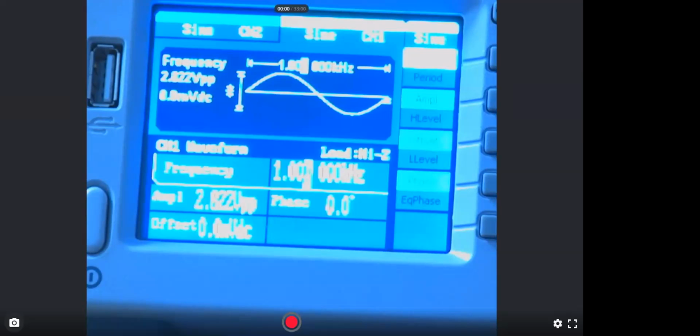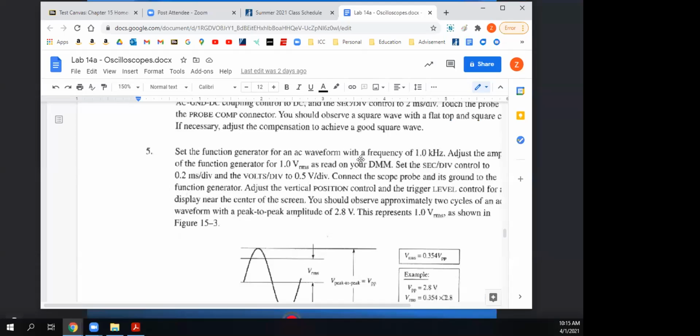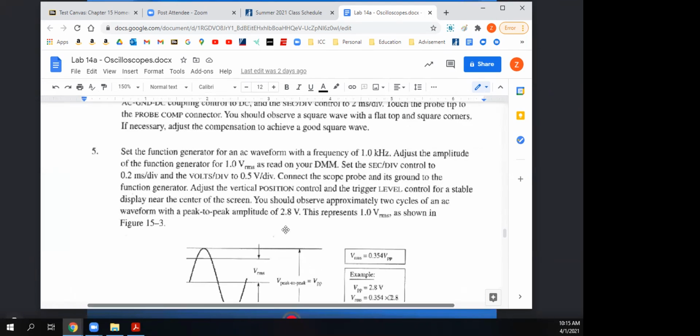So that's going to be on your scope. So on the scope, let me see where we're at. I'm on this part here. Set the seconds per division control to 0.2 milliseconds per division, and volts per division to 0.5 volts per division.